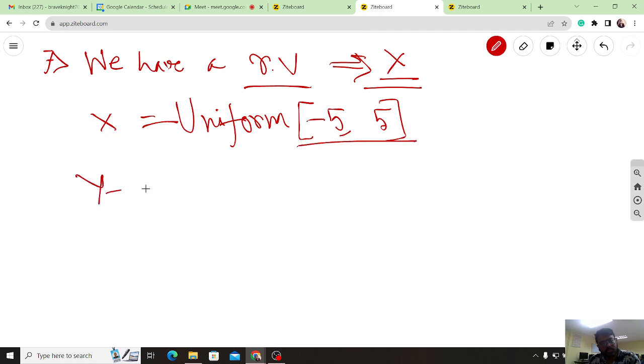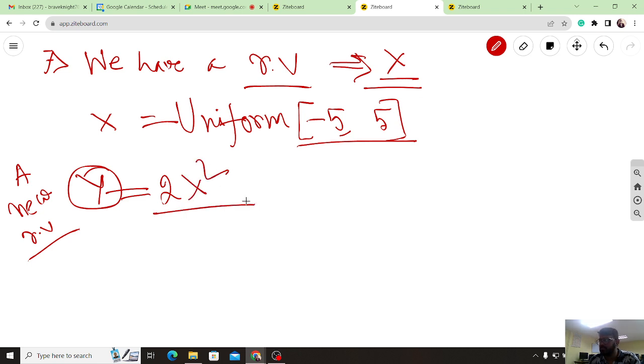So now I can define a new random variable y, and this is 2x square. So the question is, what is the expected value of y?